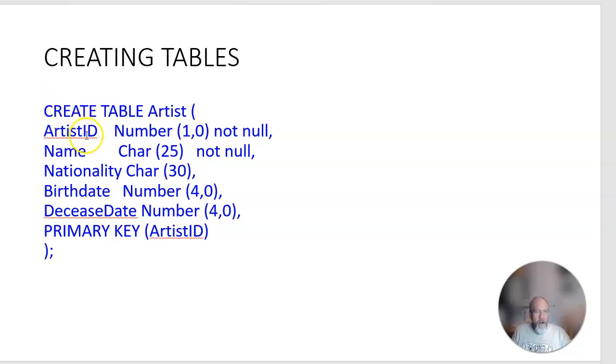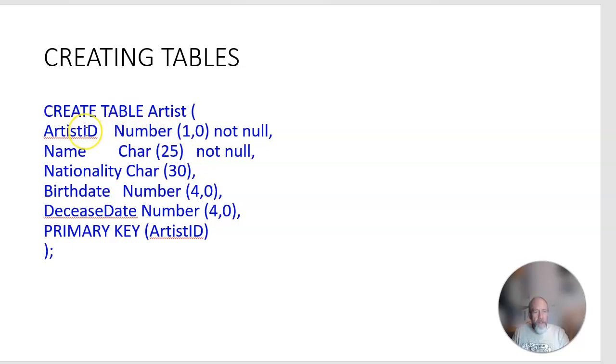We're going to start with artist ID, which will be a number, and NOT NULL because that one has to be filled in. If you leave the NOT NULL off, you can put NULL here, but you don't have to. If you leave it off, it's a nullable field.